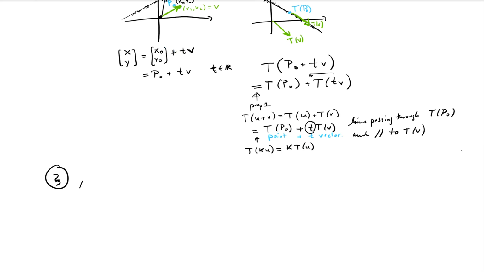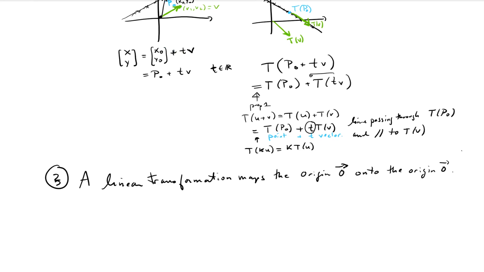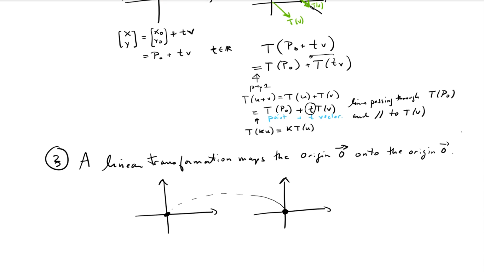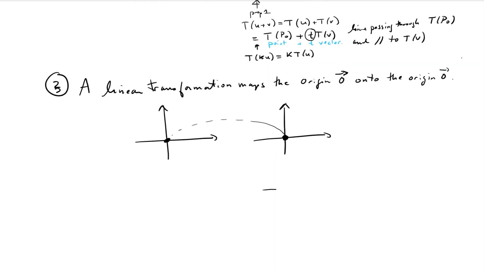Property number 3: a linear transformation maps the origin onto the origin. If we're dealing with a linear transformation, the origin will stay where it is. If we're mapping from R2 to R2, the origin will just stay where it is. If we're mapping from R2 to R, we're going to map this origin onto this origin here, the number 0, essentially.